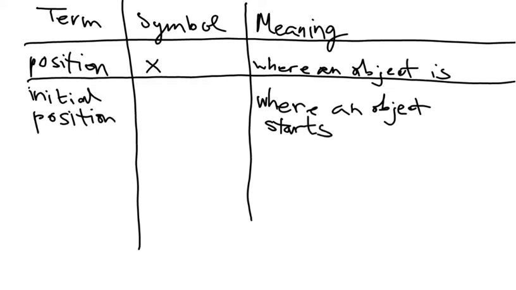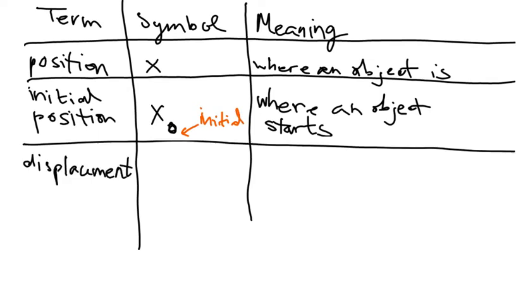Because it's position, we're going to use an X, but to signify that it's the initial position, you're going to put a little 0 underneath the X. And anytime you see this little 0 in physics underneath something, it means initial or beginning.